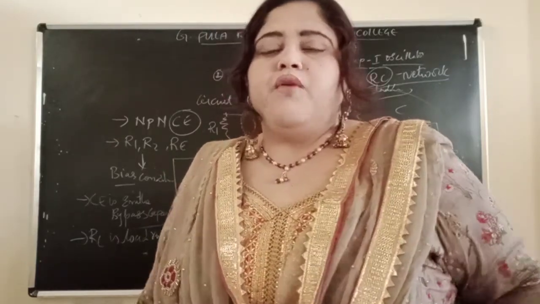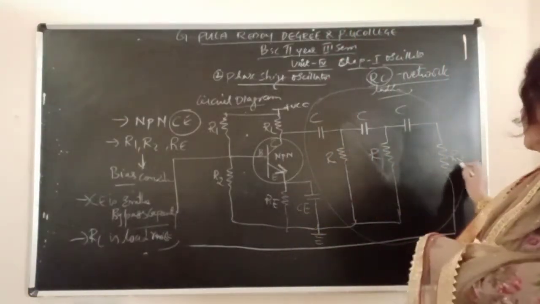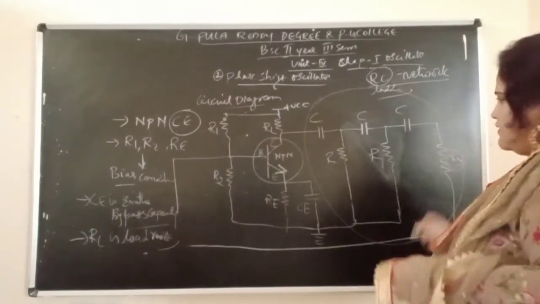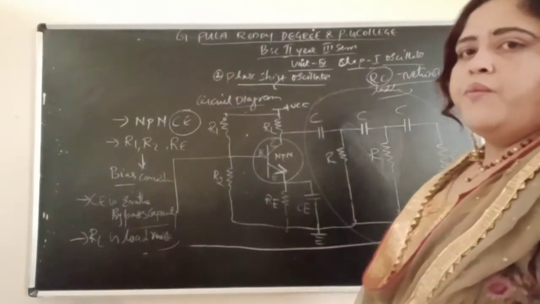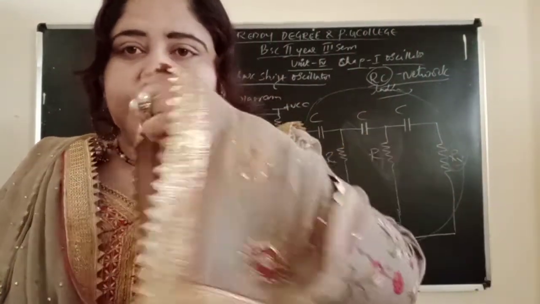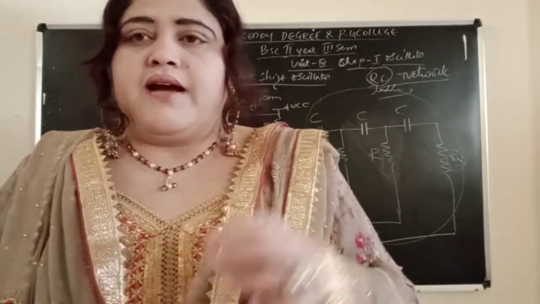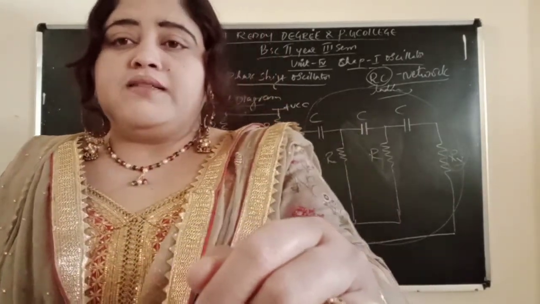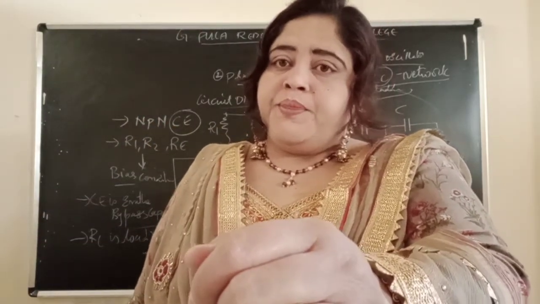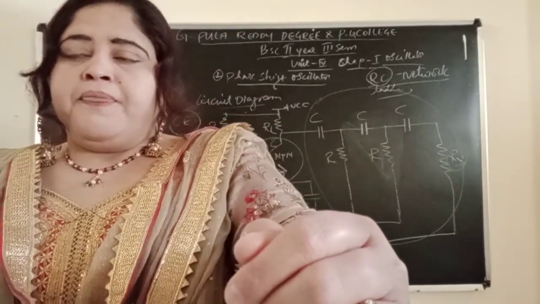Now, what is this Rx? Rx is nothing but the last resistance. As I said, the internal equivalent circuit of the transistor will be there, and at the input side it will have hie, the input resistance.